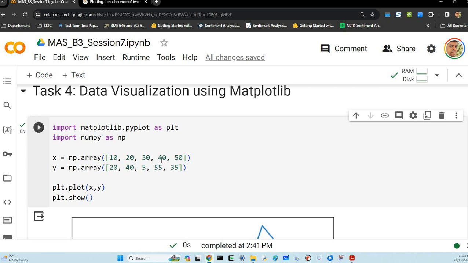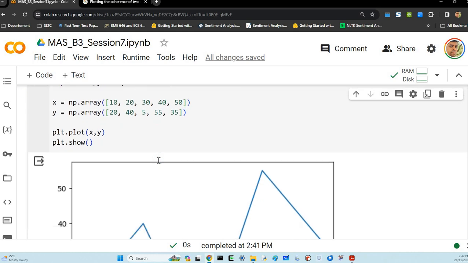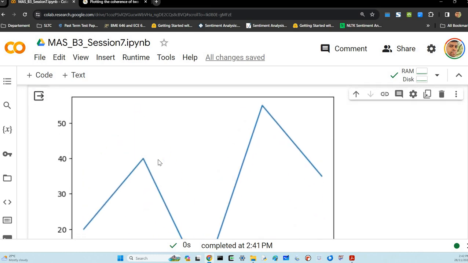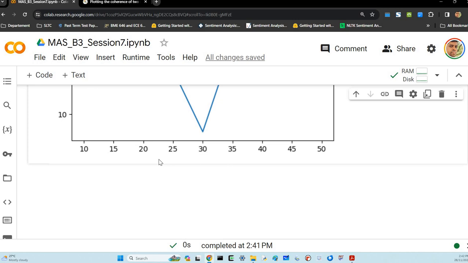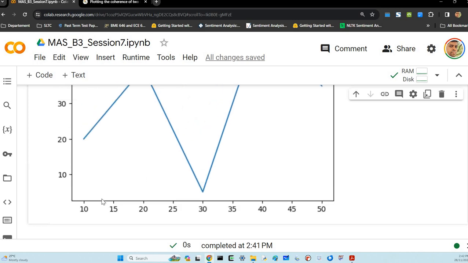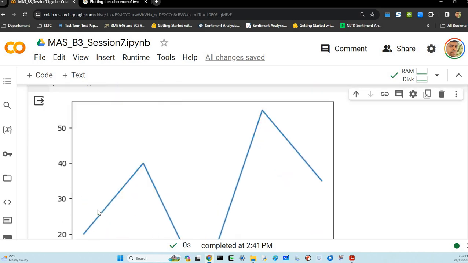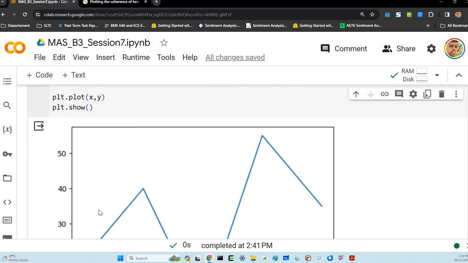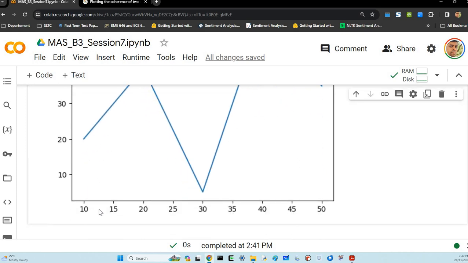Yes, for this one, I hope you know how to do that. And the graphics will be a very simple one. It scales the values in x and y and represents a blue line graph like this. That's the simplest idea for you to have. Right.